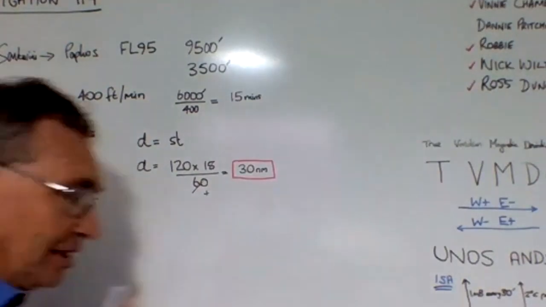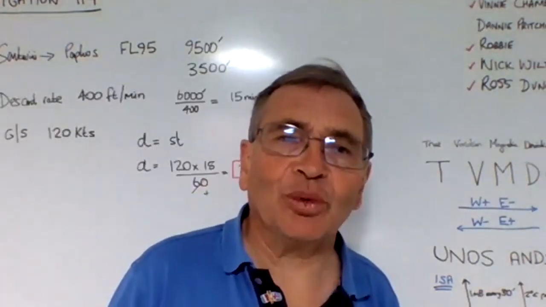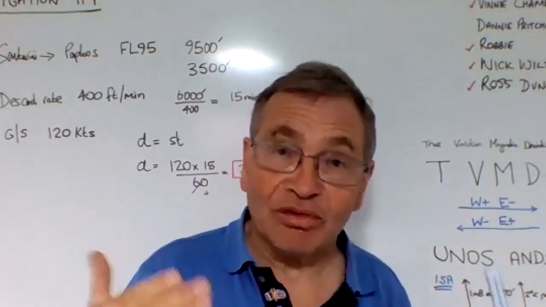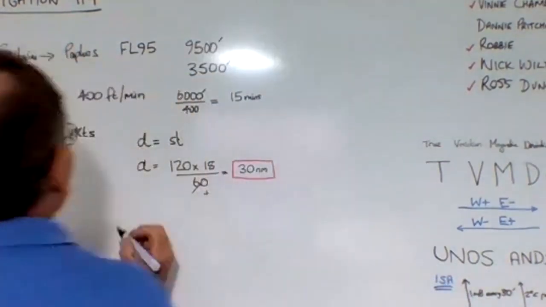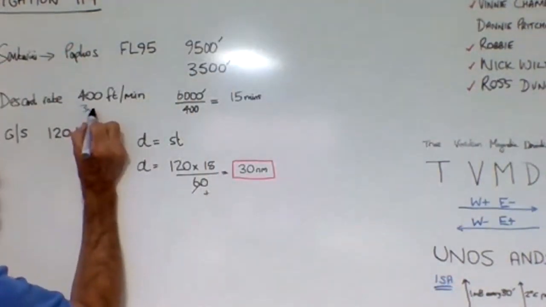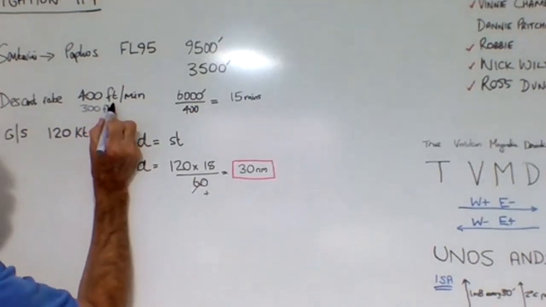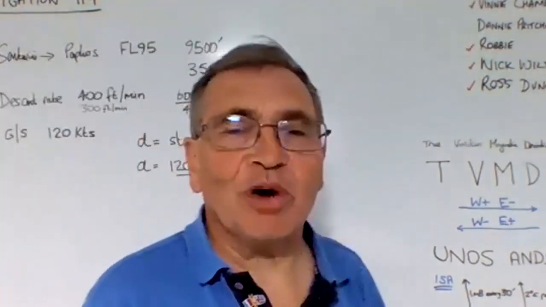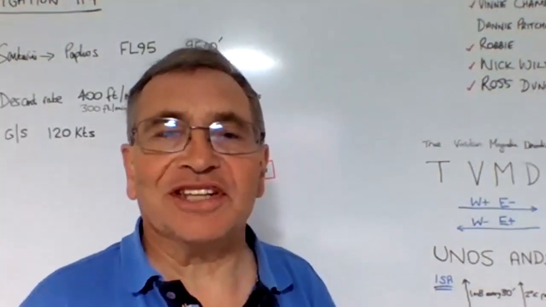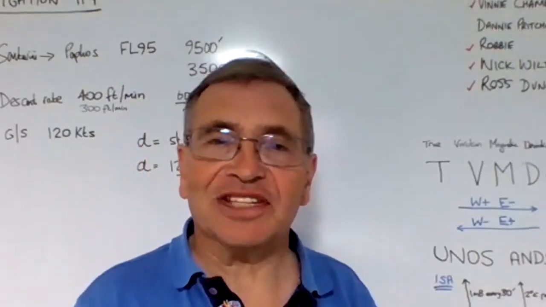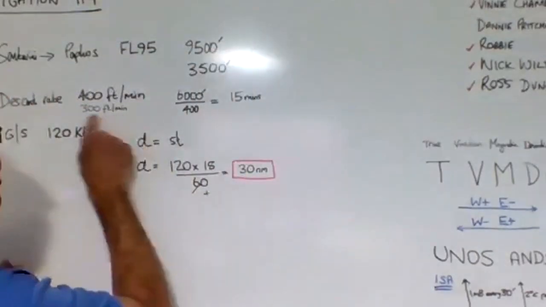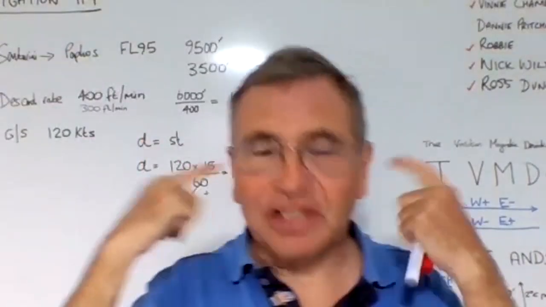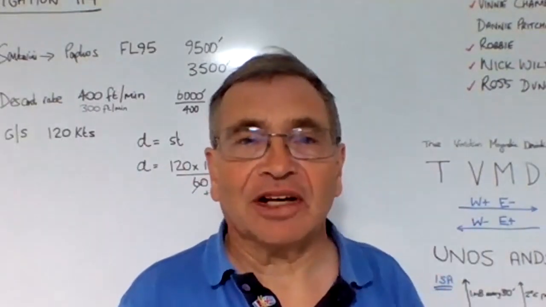Now, if you can, I would always recommend a lower rate of descent even, and I always descend at 300 feet a minute on a long journey. Air traffic control might tell you that they don't want you to descend at 300 feet a minute, they want 500 feet a minute, but if you can, this is a nice rate of descent that's not going to damage your eardrums.